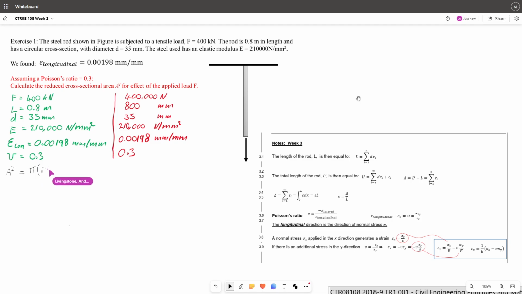So it's not pi r, it's pi r after it's been modified. So it's pi d over 2 squared. That obviously equals, because we don't have r, we have d. I know it's just multiplied by 2. I know that. That's what you've got written down there.